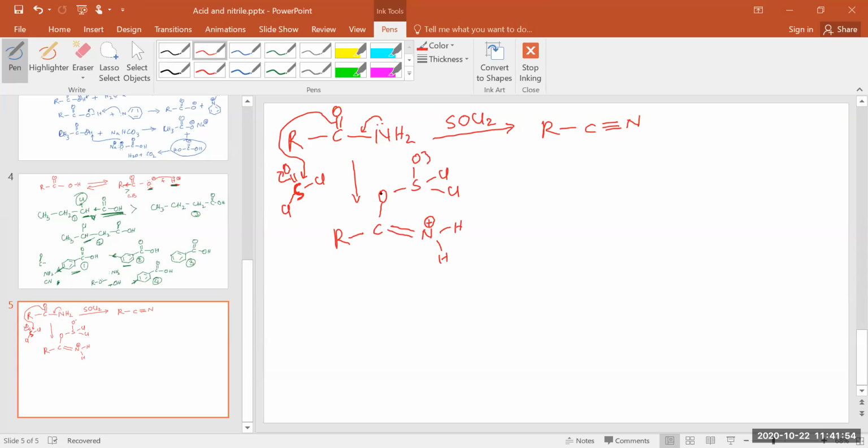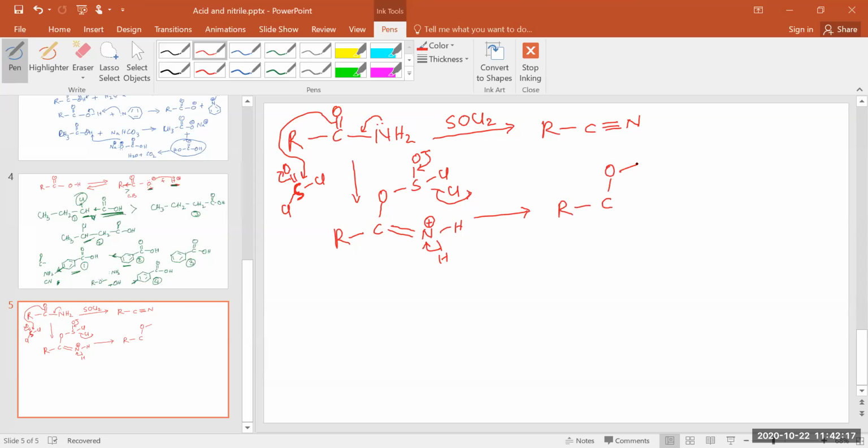So now this negative charge will come back and one of the chlorines will leave. At the same time, this nitrogen hydrogen bond will be broken and the proton will be removed. So based on the arrows, what will be the product?